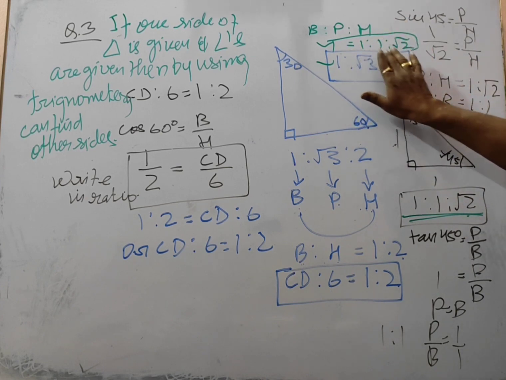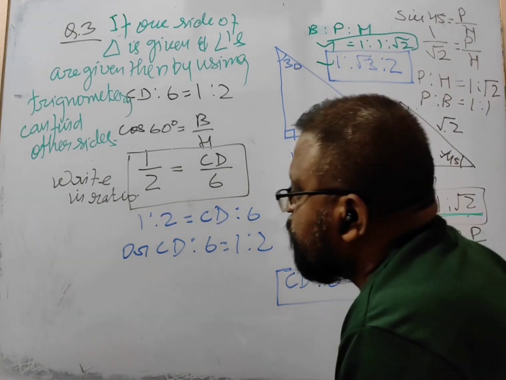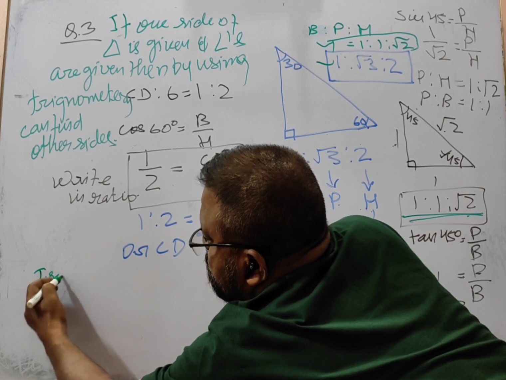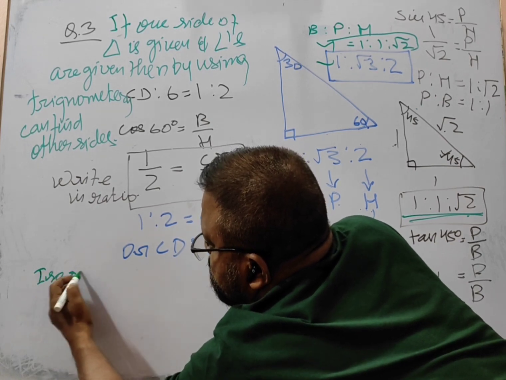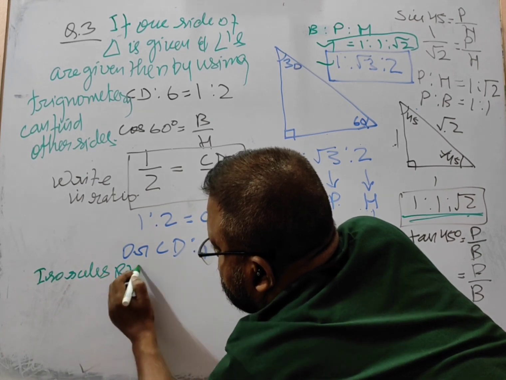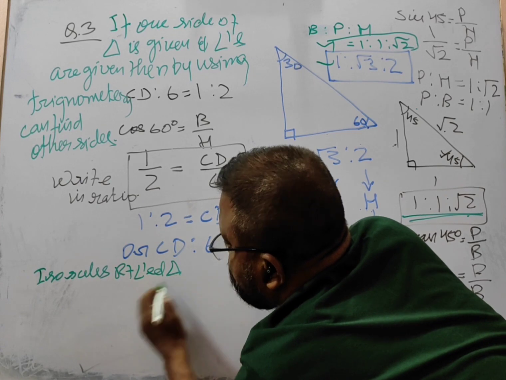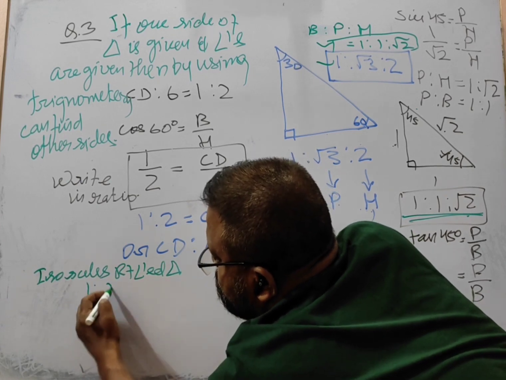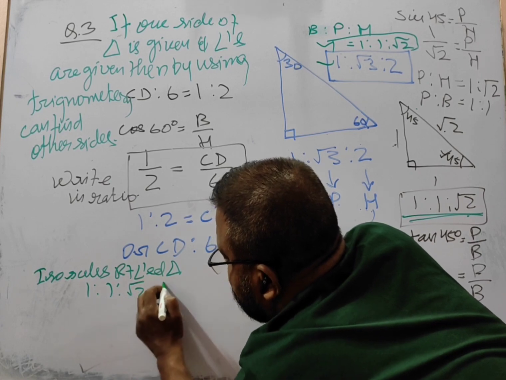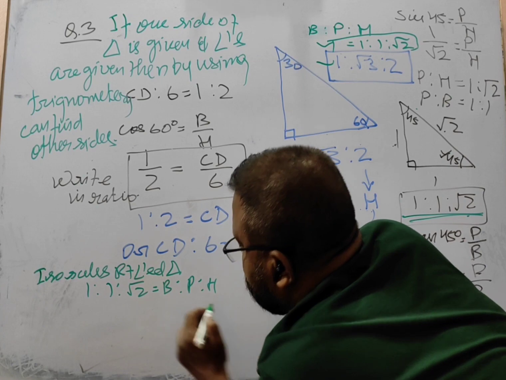You learn this ratio for the isosceles right angled triangle: the ratio is 1 is to 1 is to root 2, that is base ratio, perpendicular ratio, hypotenuse.